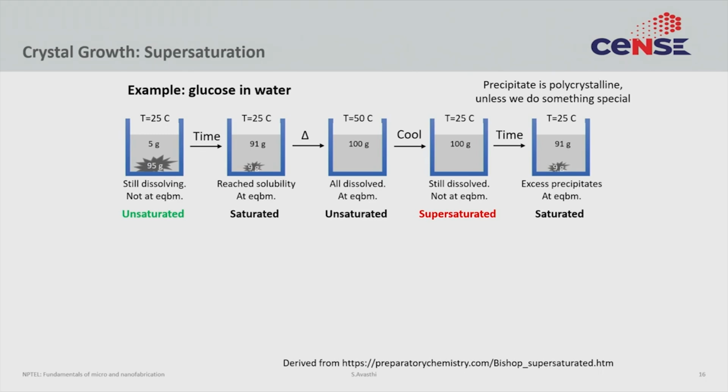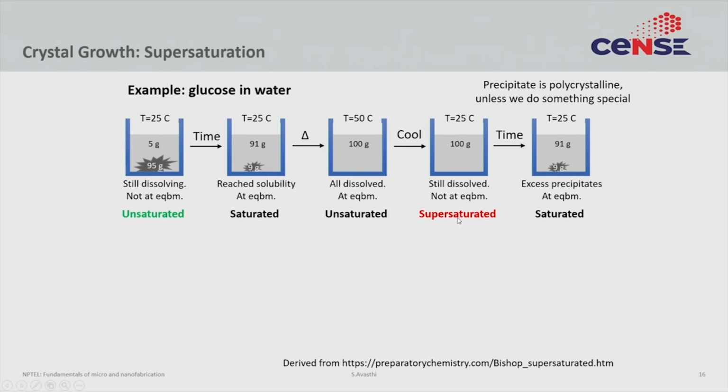This system is not under equilibrium, and if you allow it a nucleation event, which we will discuss in a minute, then the excess glucose will precipitate out. Because it is precipitating out from a solution, the process is often slow. And if you can, through some tricks, make it very slow, you can get a crystalline glucose precipitate that precipitates out from the solution, so that it again has 91 grams in the water and 9 grams is your precipitate.